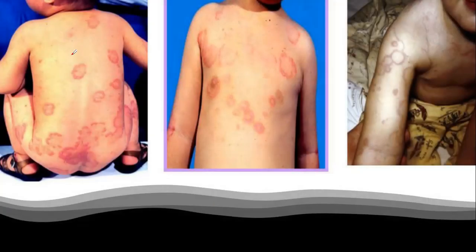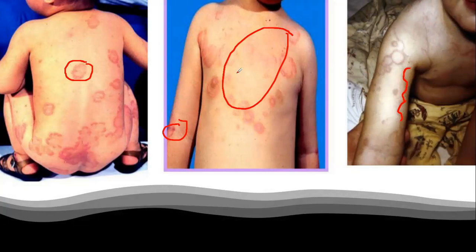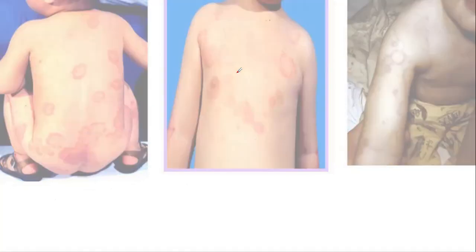You can see here the macular rash with a pale center, and you can see here where I was saying serpiginous, like a serpent. You can see the distribution is on the trunk and the extremities, but never on the face. Please note that. So that is why it has a bathing suit distribution. And another thing to note, it is non-pruritic, no itching.